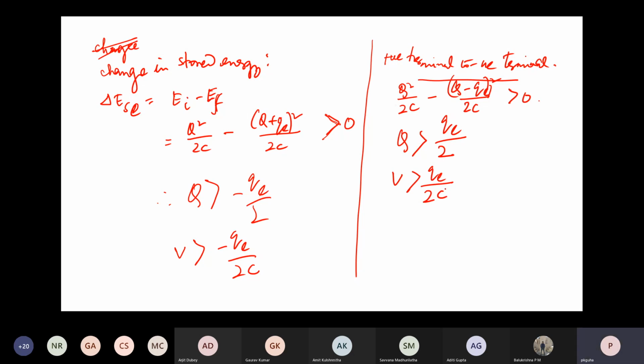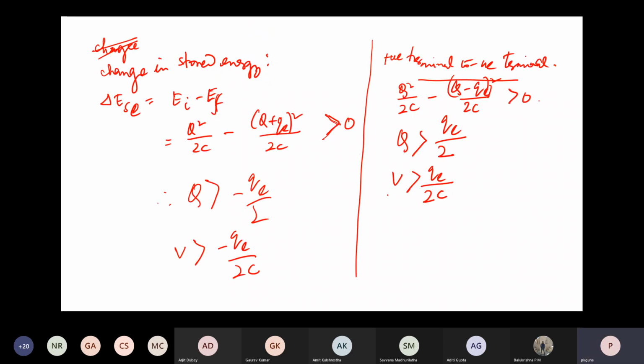So you see, tunneling current will only flow when a sufficiently large voltage exists. What is that sufficiently large voltage? Mod Q_E over 2C. See here, minus Q_E over 2C, and this is plus Q_E over 2C.